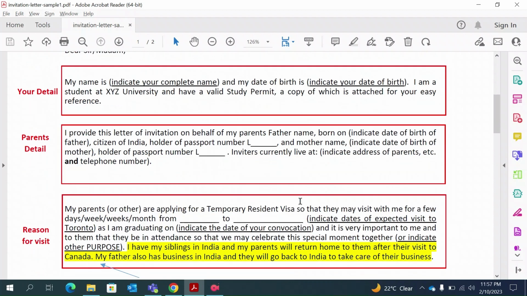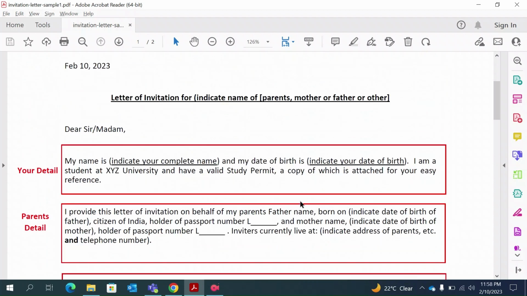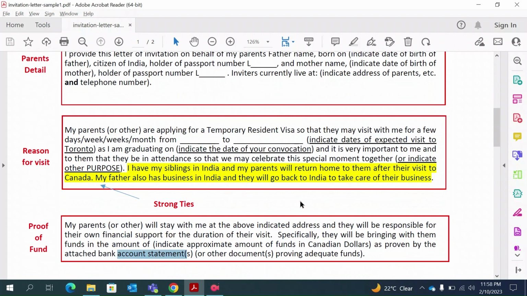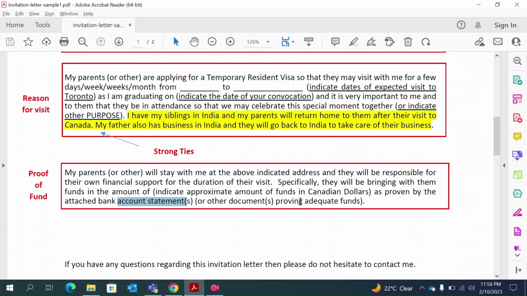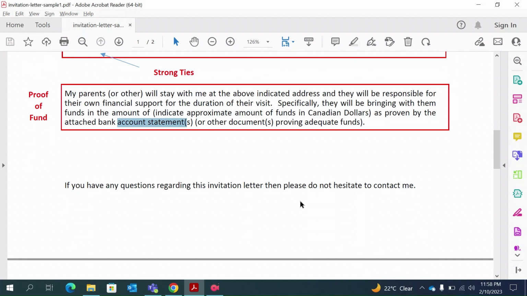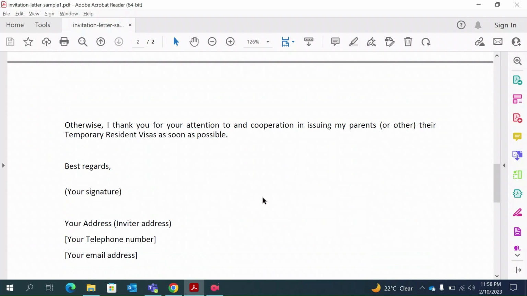Now let me summarize it. First, you should mention your details, then your parents' details, then the reason for their visit, and finally the proof of funds. After that, you can write that if they have any questions, they can reach out to you. And after that, you can sign it off and give your details over here.